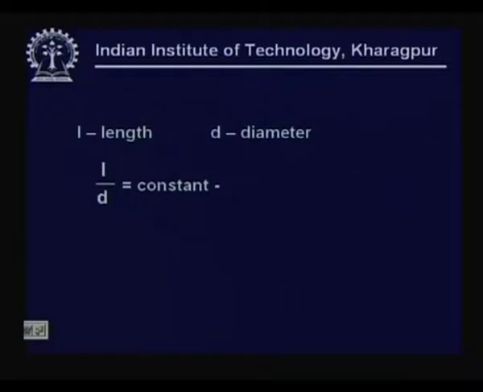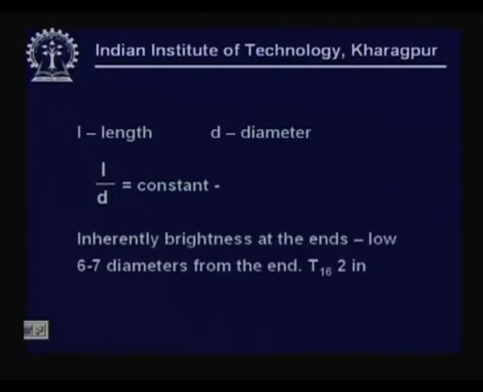We have seen some of these fluorescent lamp based table lamps. They have much thinner tubes than what are used for illuminating the rooms. Inherently, you will find that at the ends the brightness is low, and one can observe, this is a very important issue, probably around 6 to 7 diameters from the end.